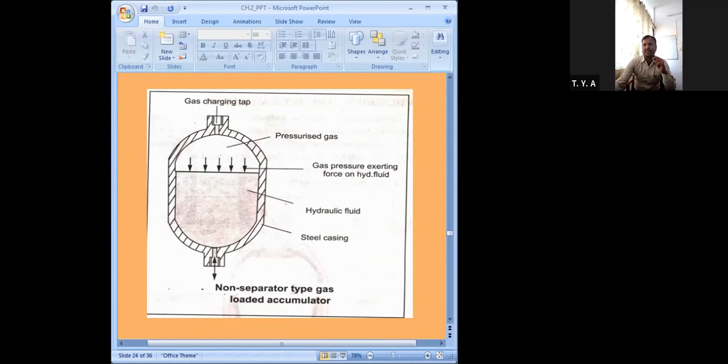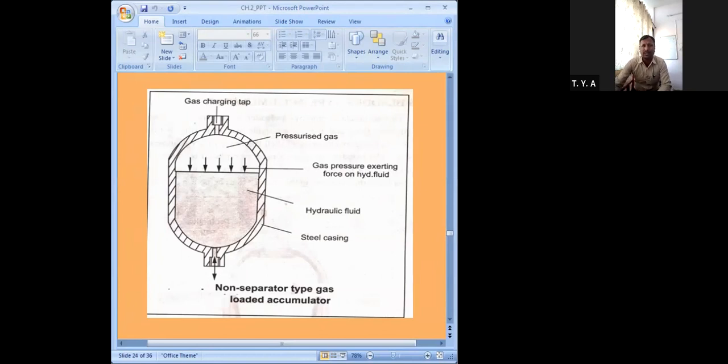This is a cell, fully enclosed, and it contains the pressurized gas. Here we have the gas charging valve. Charging means to take inside, so it is called the gas charging valve.